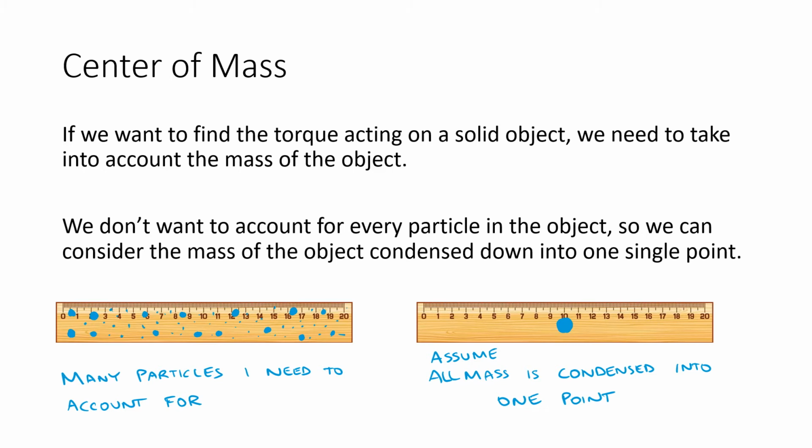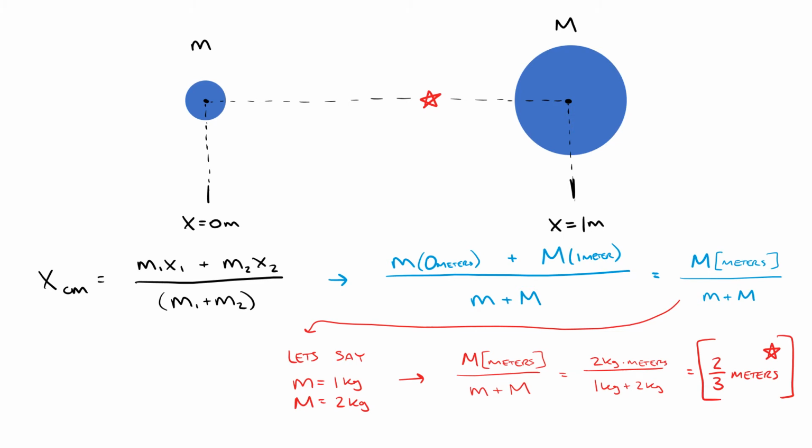So how do we actually take all of those little particles and figure out how we're going to find that center of mass? This is a lot. There's a lot of stuff that I have to account for. Let's start out small. Say I have 2 objects.